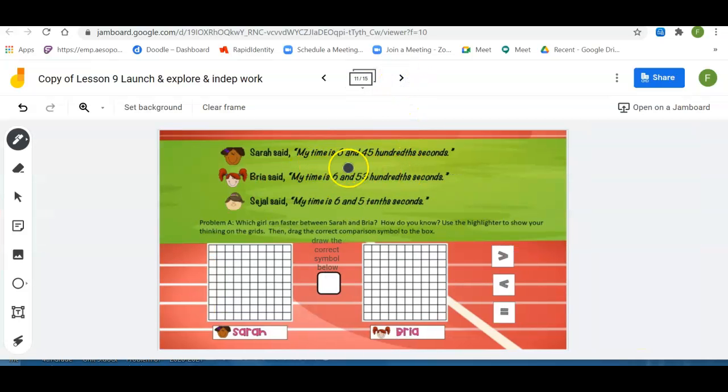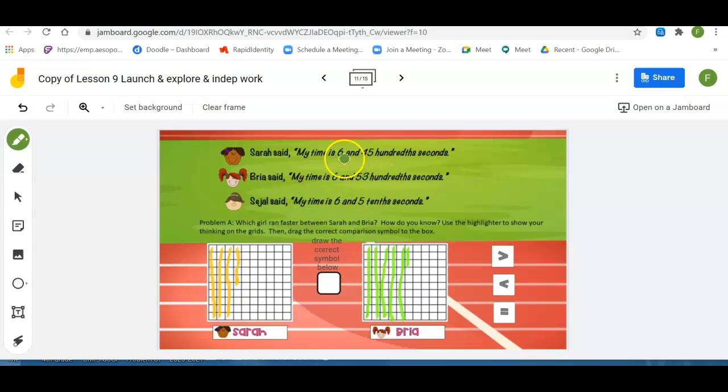So Sarah said, "My time is 6 and 4,500." You just represent it just like we did on the previous one. We're just representing it on our grids here. And on the first one, you're comparing Sarah and Bria. So I've gone ahead and started on the first one here. Sarah's time is 6 and 4,500, and Bria's time is 6 and 5,300.